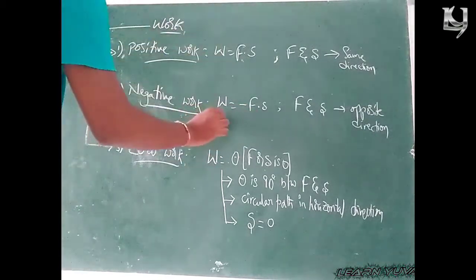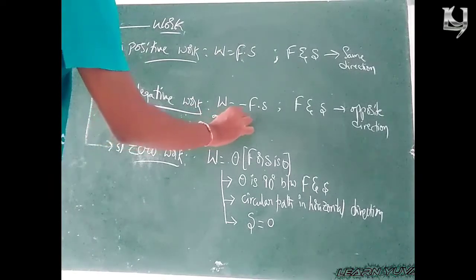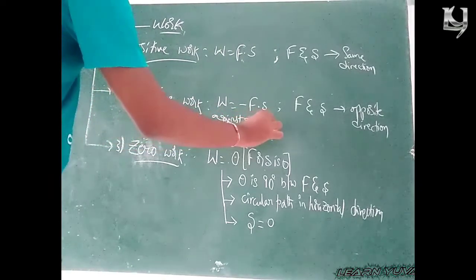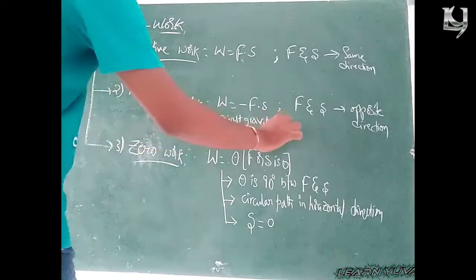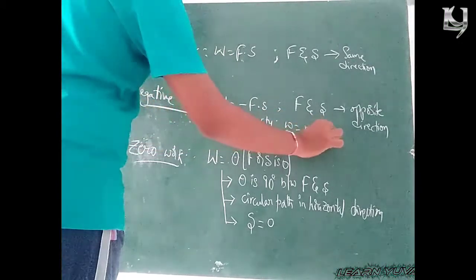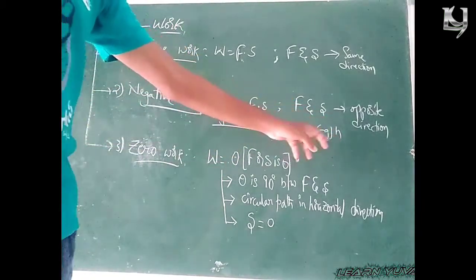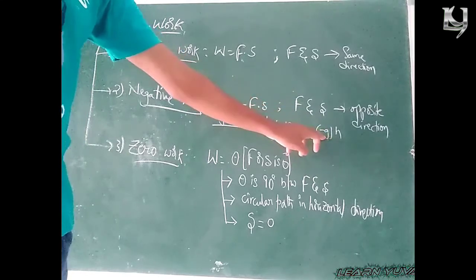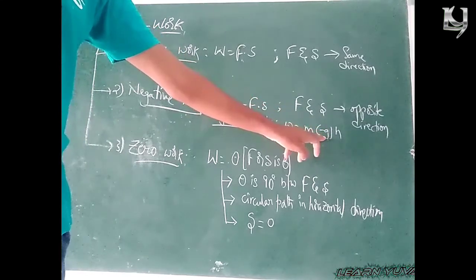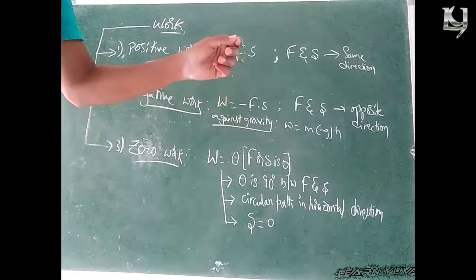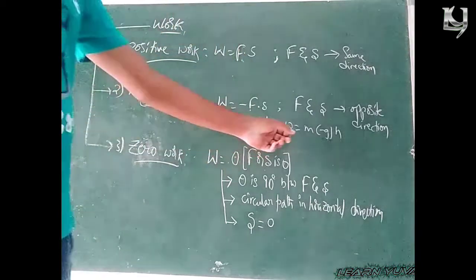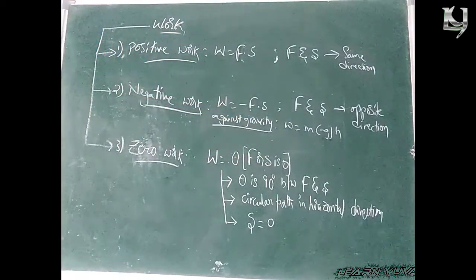So against gravity, W is equal to minus m g h, where m g is the force. So work done by gravity is negative work done. So these are the different types of work. Thank you.